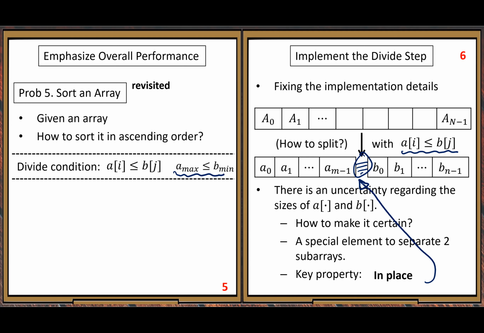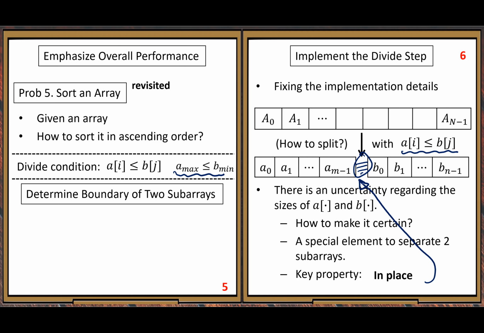Because only after this special arrangement can we go to the next step. All right. Determine the boundary of two subarrays. So that special element plays the role as the boundary of two subarrays.